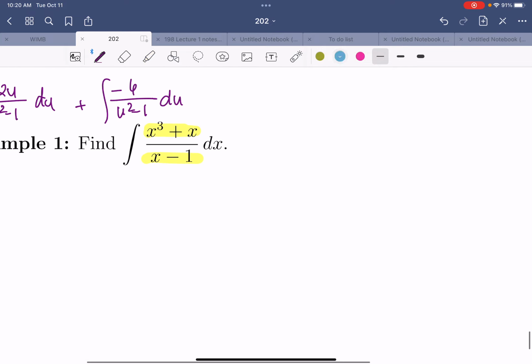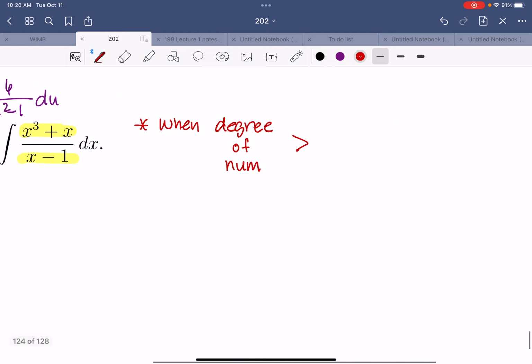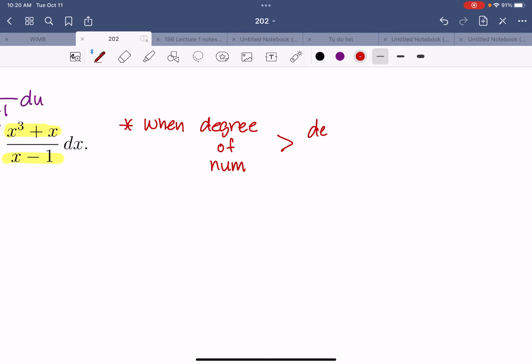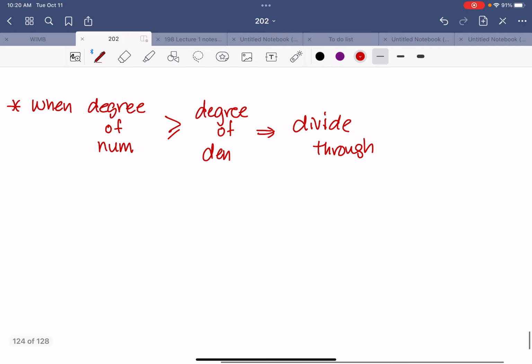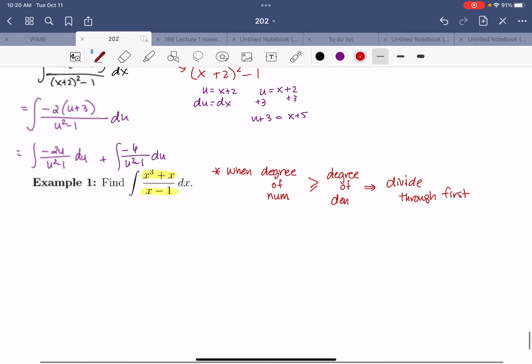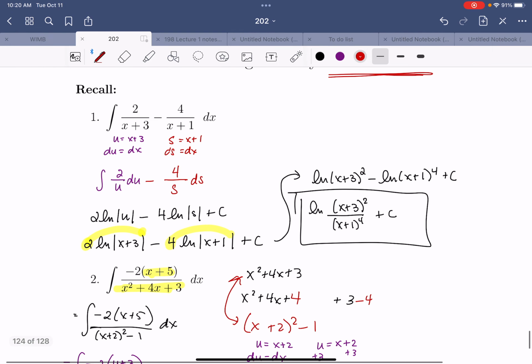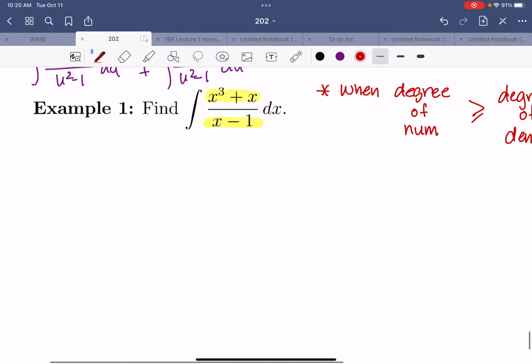So we'll note here, when the degree of the numerator is greater than, or equal to, the degree of the denominator, divide through first. Okay, and the reason for that is if you look up above, both of these, the power in the top is smaller than the power in the denominator. Okay, so first we're going to do that.